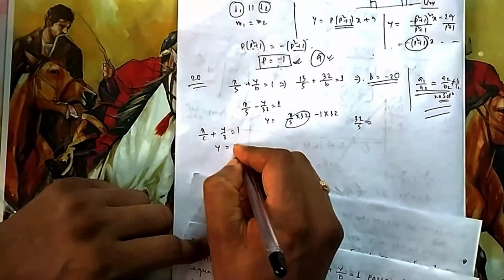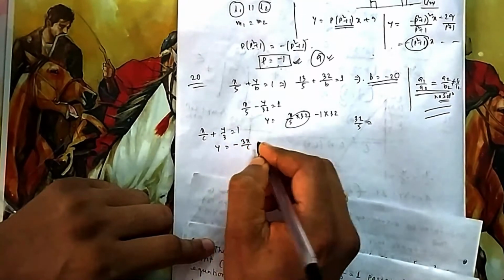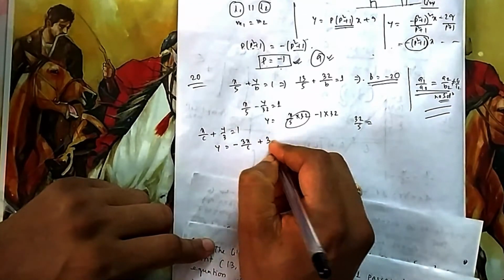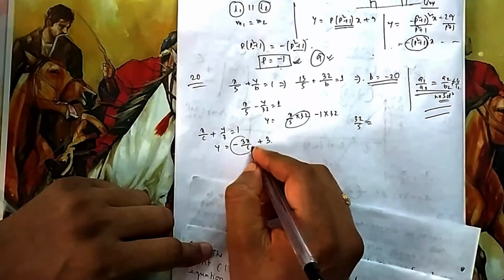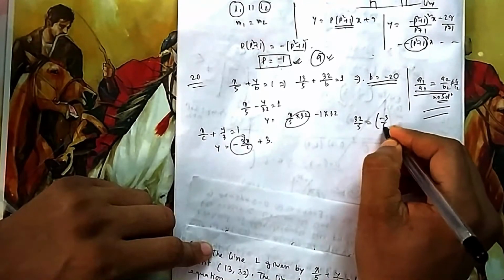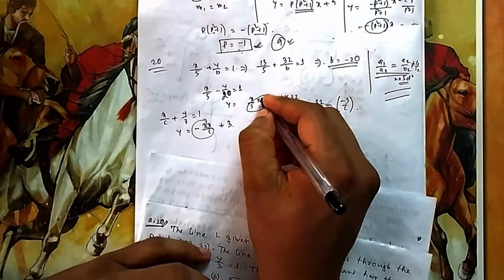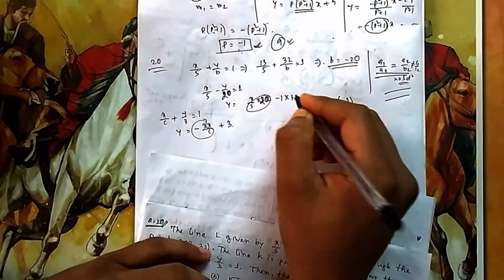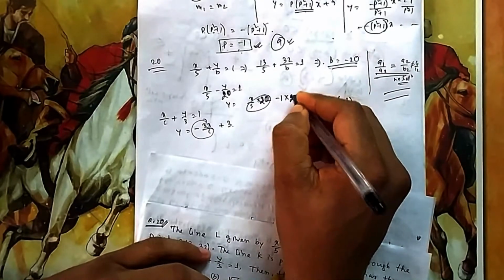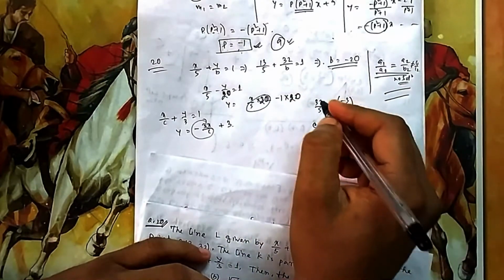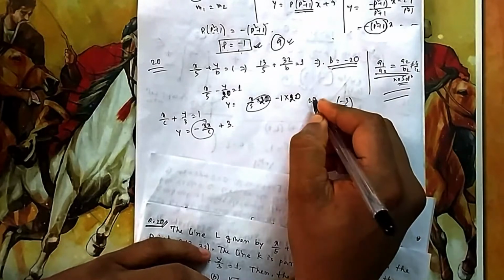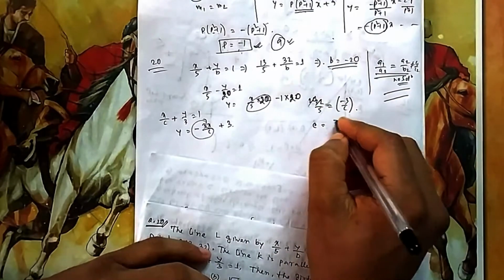So y equal to minus 3x by c plus 3. Here slope is minus 3 by c. So you put it equal, minus 3 by c is minus 20 by 5, that is 4 by 5. So c will be equal to minus 3 by 4.